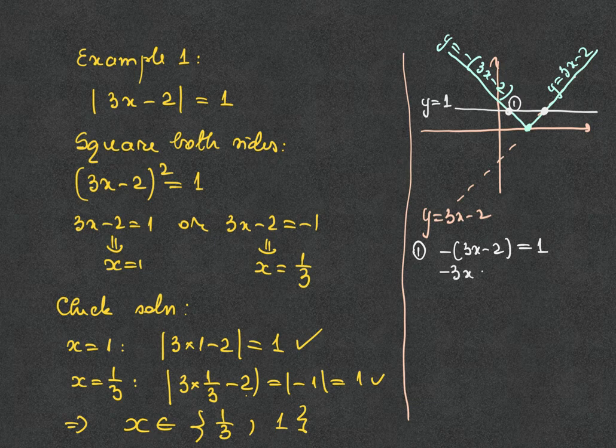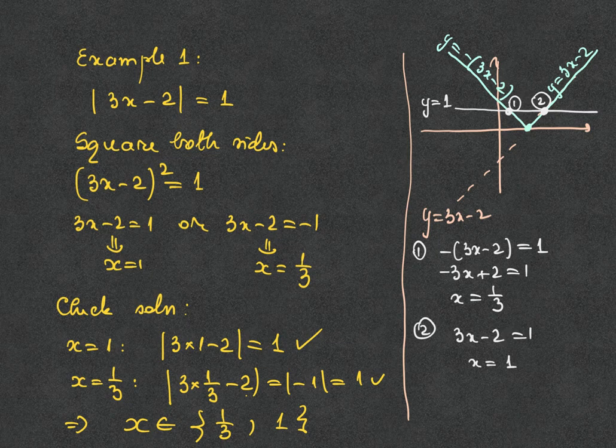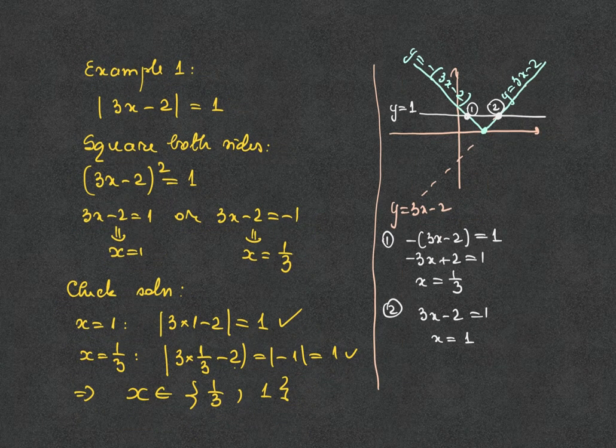So minus 3x plus 2 equals 1. Therefore, x equals 1 over 3. And we are going to find solution 2 from the branch 3x minus 2 equals 1. So x equals 1. Now you choose your method.